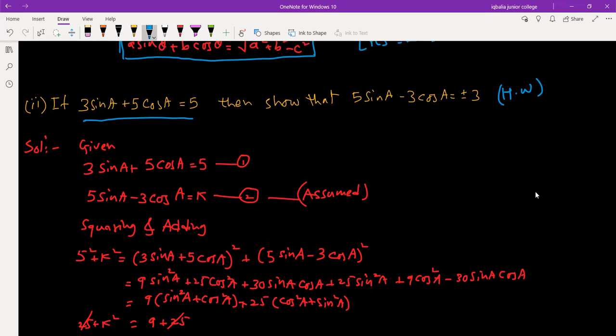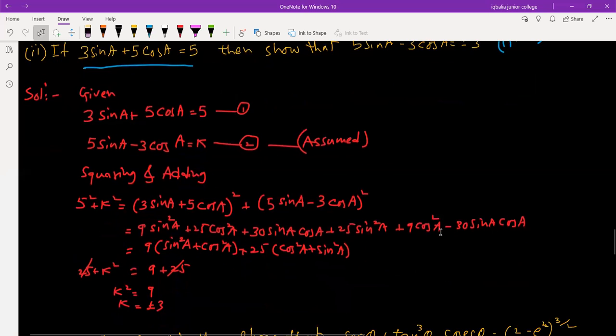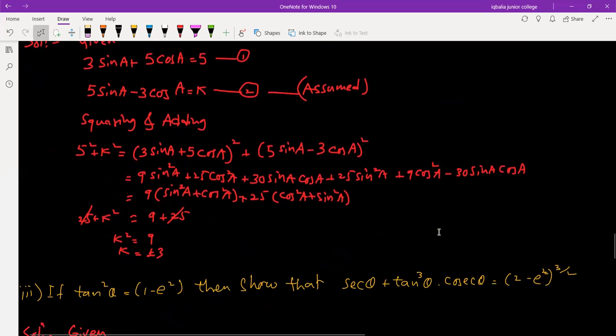So here I'm going to do the same thing, squaring and adding them, and simplify them, and then you are going to get the answer. Here the answer will be K square is equal to 9, and then K is equal to plus minus 3. So this is your homework, you have to solve.